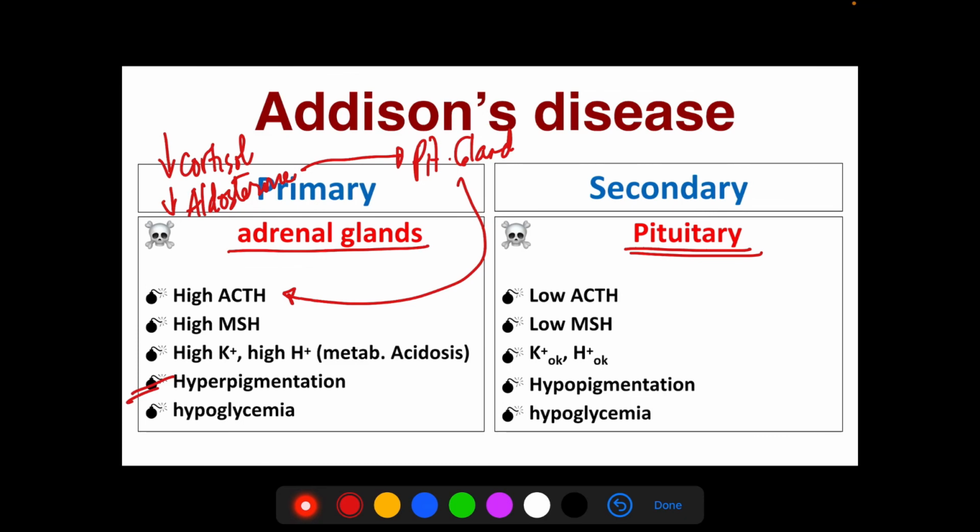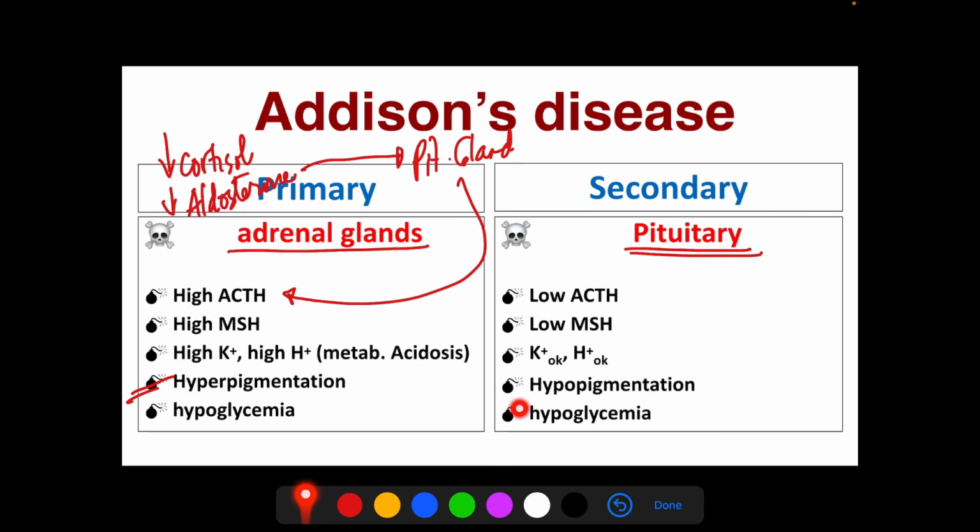And also because there is a decreased aldosterone here, the reabsorption of sodium and the excretion of potassium are affected. So we can see high potassium, high hydrogen ions, and also metabolic acidosis. And of course, because there is a decrease in cortisol, we can see a decreased blood glucose level.